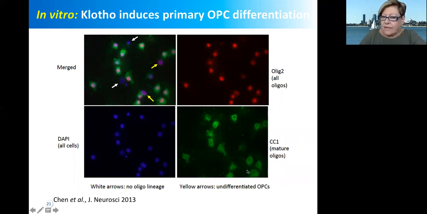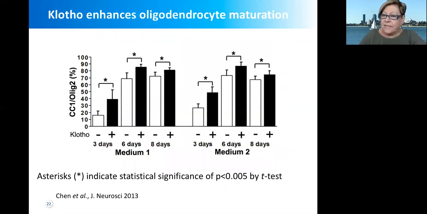And we calculated the ratio with and without the addition of exogenous recombinant Klotho. We saw that in two different types of media, at 3 days, 6 days and 8 days in culture, with Klotho in black, we see more mature oligodendrocytes, the ratio of mature to immature, than without Klotho. This was published already a long time ago.